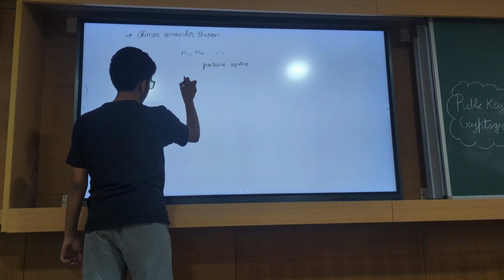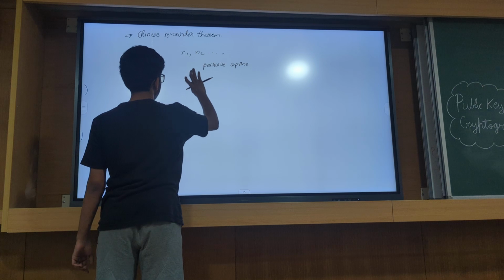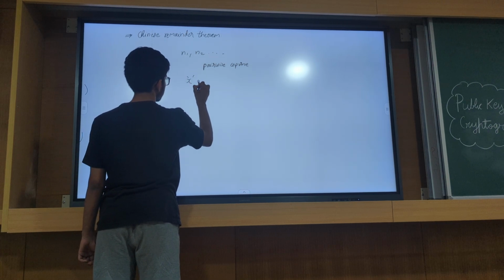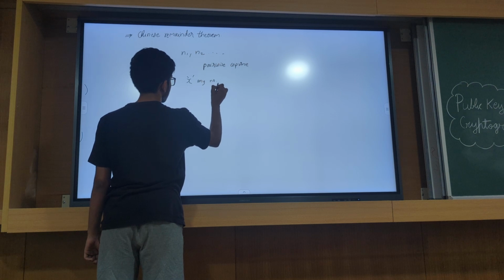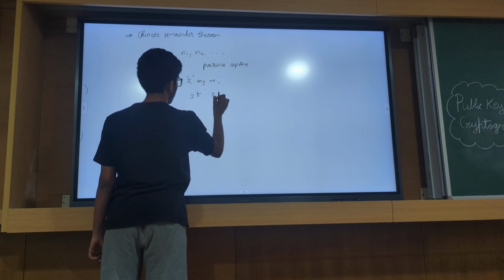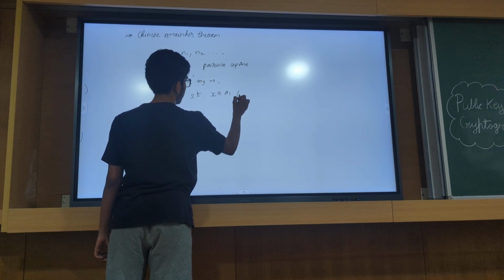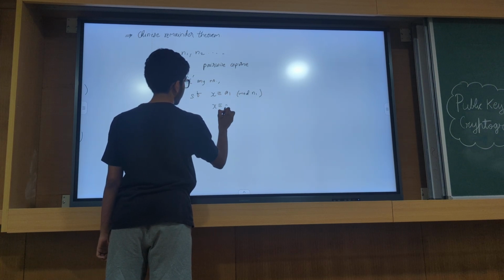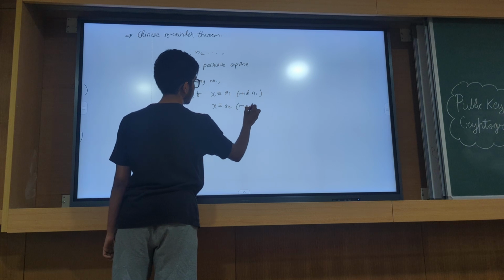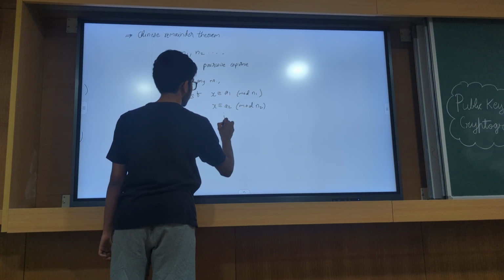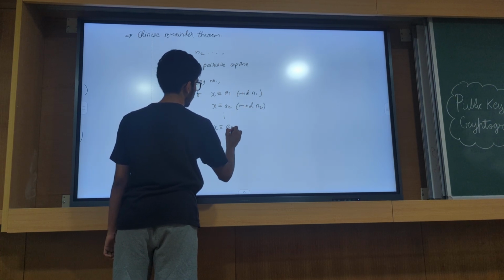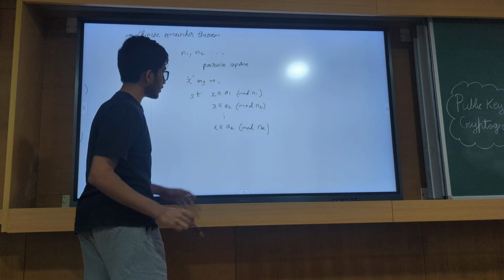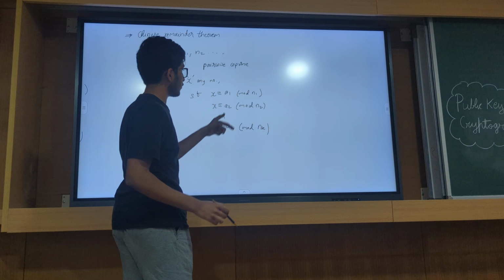And let x be any natural number such that x is congruent to a1 mod n1, x is congruent to a2 mod n2, and so on, x is congruent to ak mod nk. Here n1, n2, until nk are any k natural numbers which are pairwise co-prime.